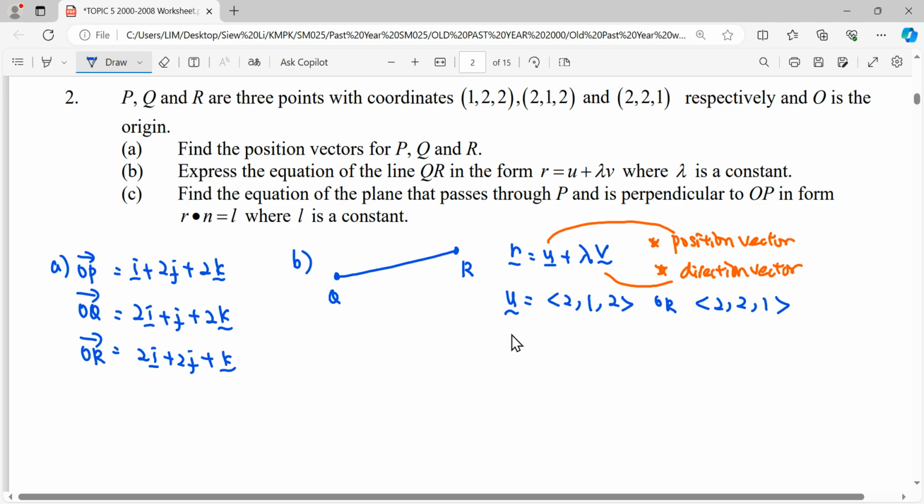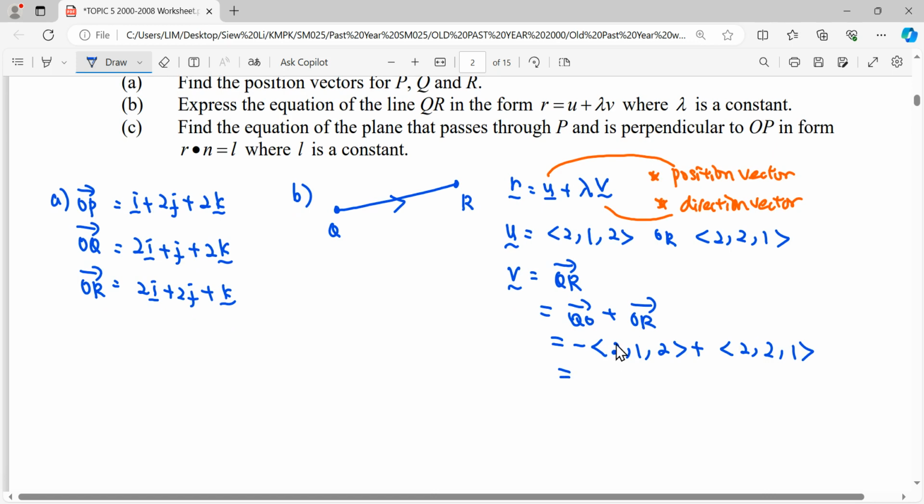Meanwhile, the direction vector v will be the direction of this line, from Q to R. So to find vector QR, we need QO plus OR. QO and OQ have opposite directions, so this is negative (2, 1, 2). And then OR, we already found, which is (2, 2, 1).